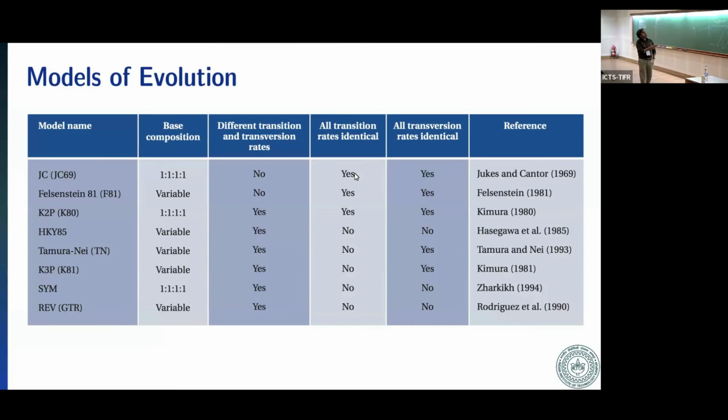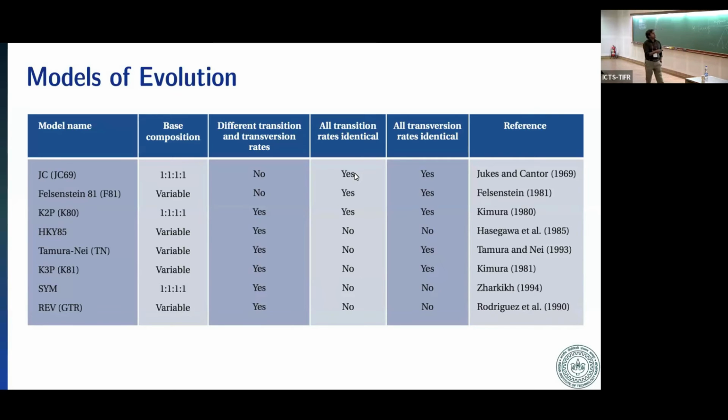Similarly, Felsenstein 81 is the same as Jukes-Cantor, except it assumes that the base composition might vary, because for different species the fraction of the nucleotides can vary in a sequence. Likewise, we have the generalized time reversible model. This is the most complex model.